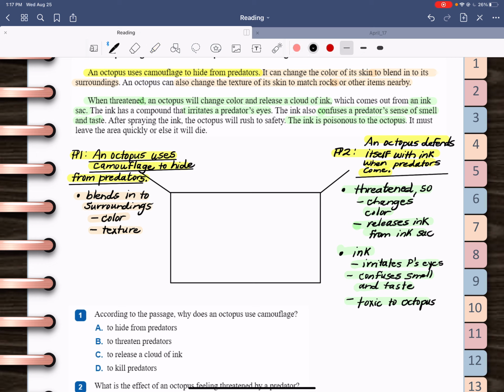Okay, so let's look at these two paragraph main ideas and come up with a passage main idea.